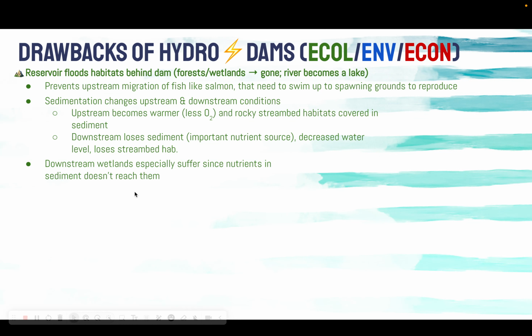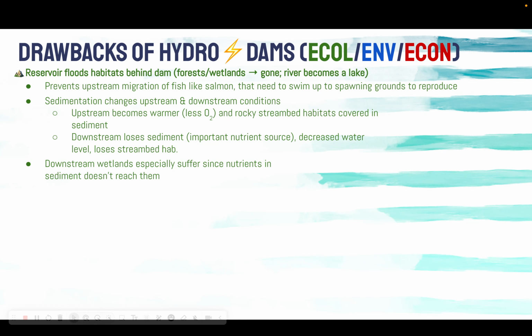The ecological impacts are that reservoirs to store the water, when we create a dam scenario, actually flood habitats and destroy forests and wetlands that are now gone. Essentially, when we build a dam, we're turning a river into a lake.